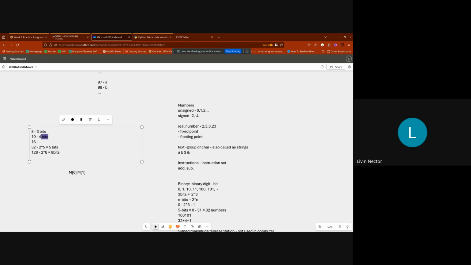Even though some bit combinations won't have values associated with them, to represent these 10 values you need 4 bits, because you cannot represent 10 values with 3 bits. Correct? Yes, sir. So this lies between 2 power 3 and 2 power 4, so it needs 4 bits.